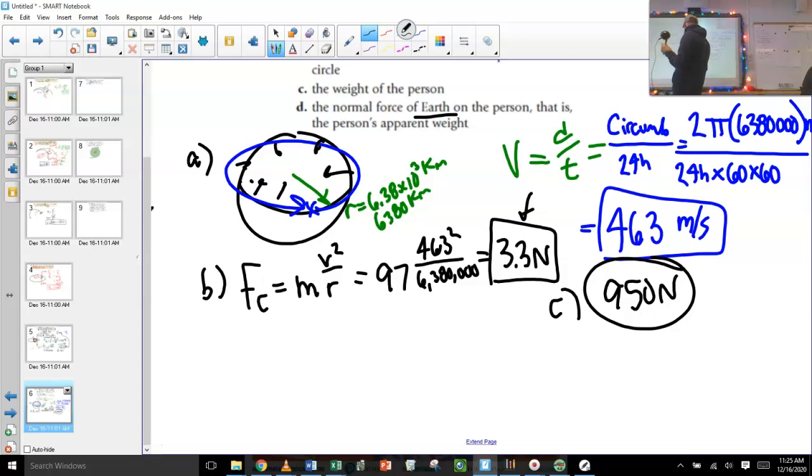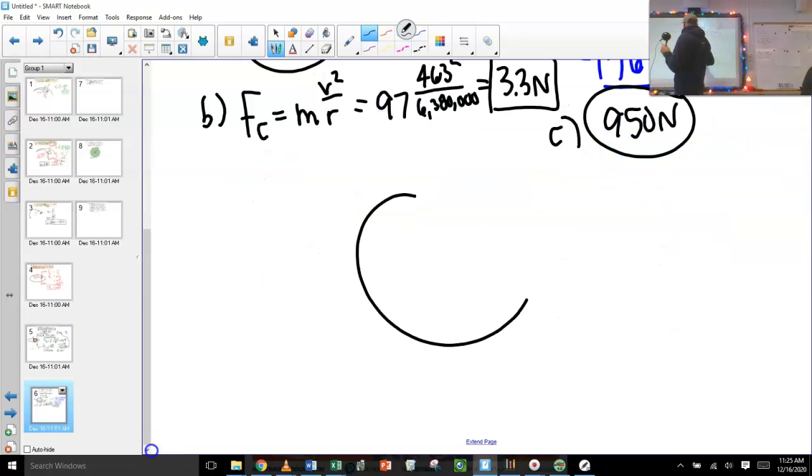Let's talk about that. So here is planet Earth. And Earth is attracting you with a force of 950 newtons.